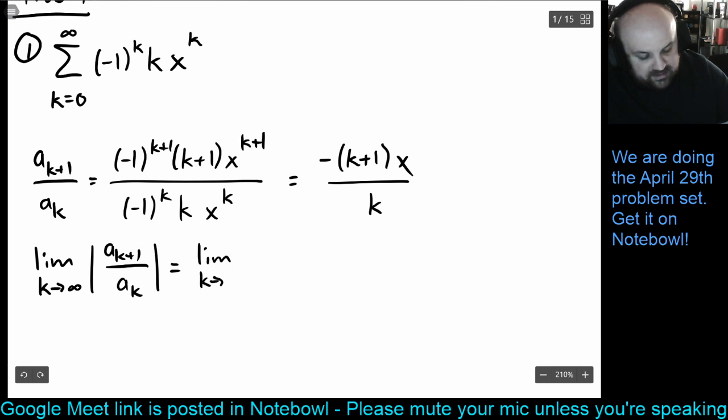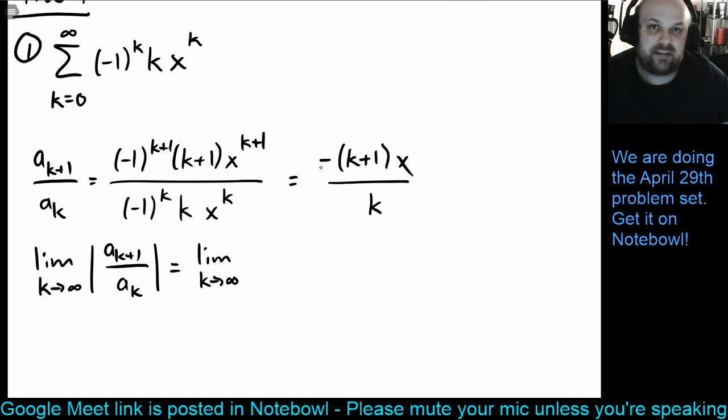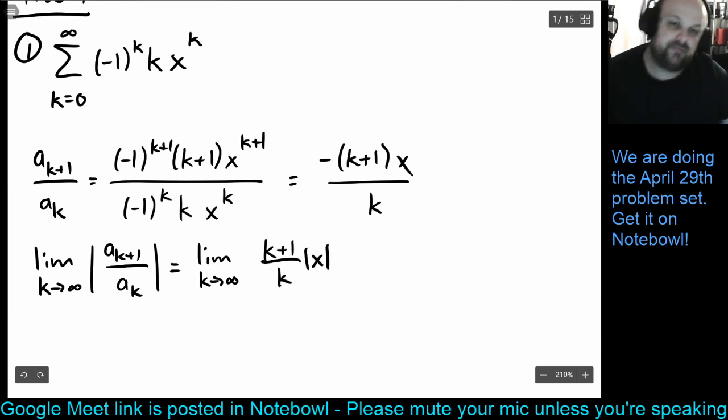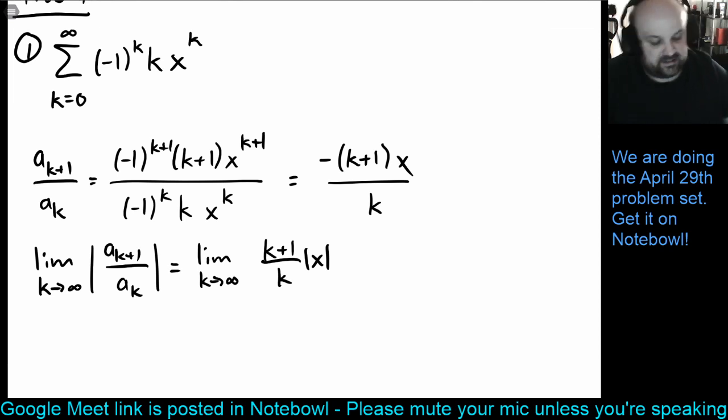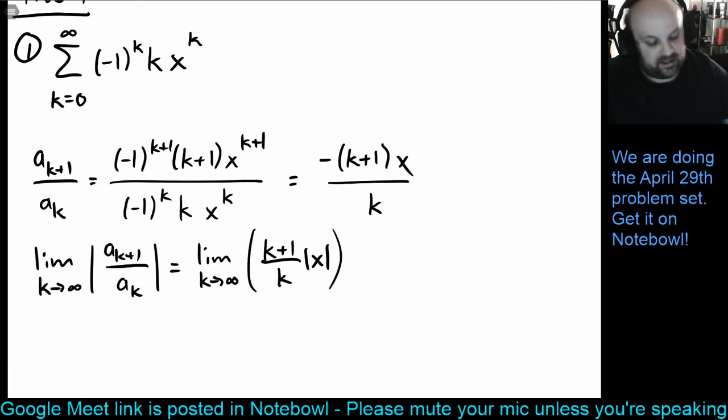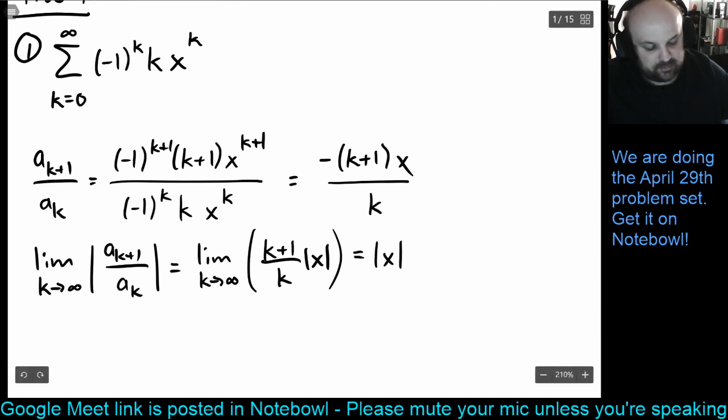This is the limit as k goes to infinity. Now here, this negative will drop off with that absolute value. So really, this just turns out to be (k+1) over k, times the absolute value of x. Now, this absolute value of x has nothing to do with the limit, so we can pull that out.